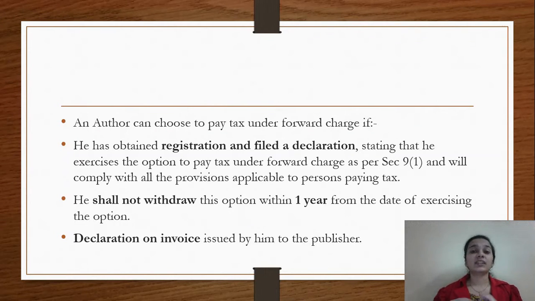So a quick revision of whatever we have discussed till now. An author can choose to pay tax under forward charge if he has obtained registration under GST, first and foremost requirement.